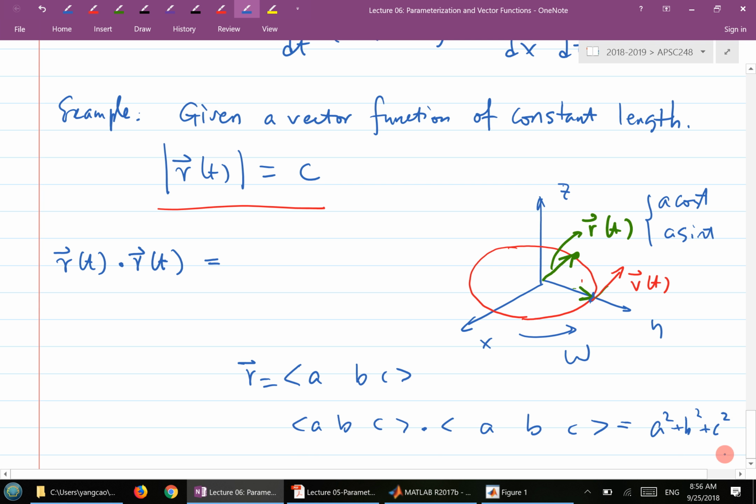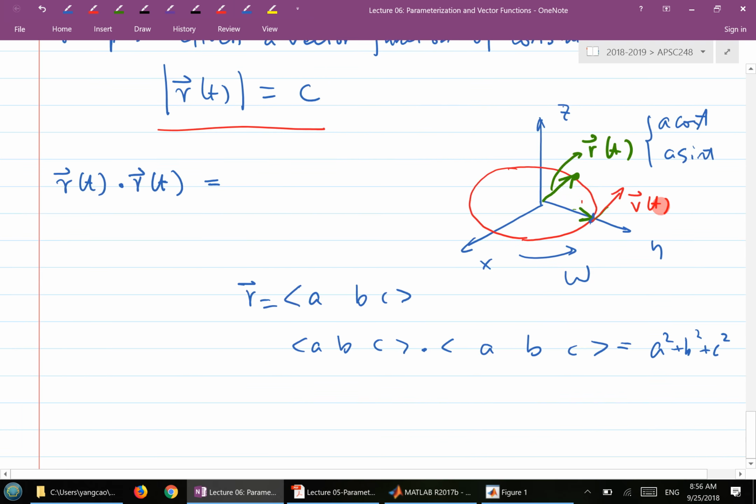This is basically what? What's the length of the vector? So the dot product of the vector with itself gives you the square of its length.